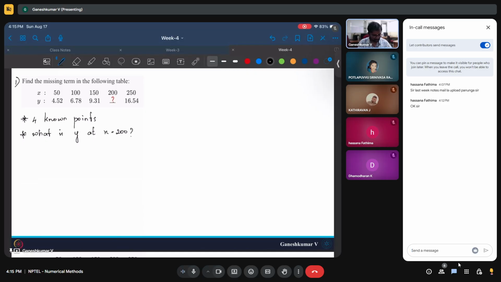Since we know 4 points, we can use a polynomial to fit these 4 points, and then try to get the value for x is equal to 200. That is one way. If we know 4 points, what is the degree of polynomial we can fit? If you have n points, you can fit only an n minus 1 degree polynomial. So if you have 4 points, you can fit a third degree polynomial.